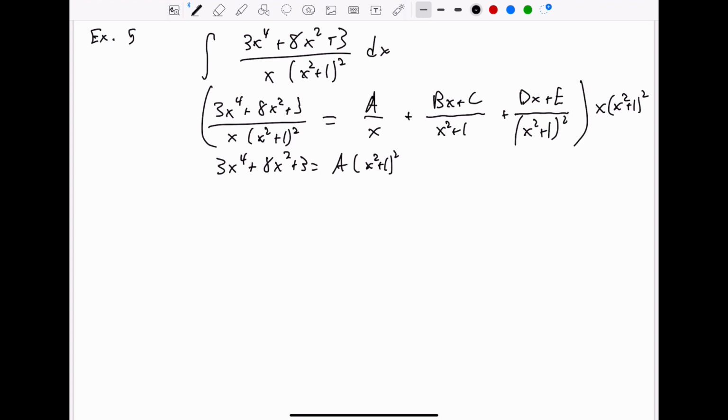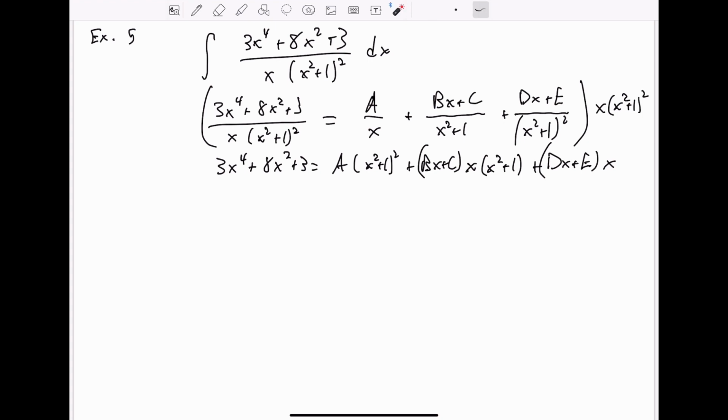For the second fraction, when I distribute, one of the x squared plus 1 terms cancels. So I'm left with Bx plus C times x squared plus 1. For the last fraction, when I distribute, the x squared plus 1 squareds cancel. And I'm left with Dx plus E times x.